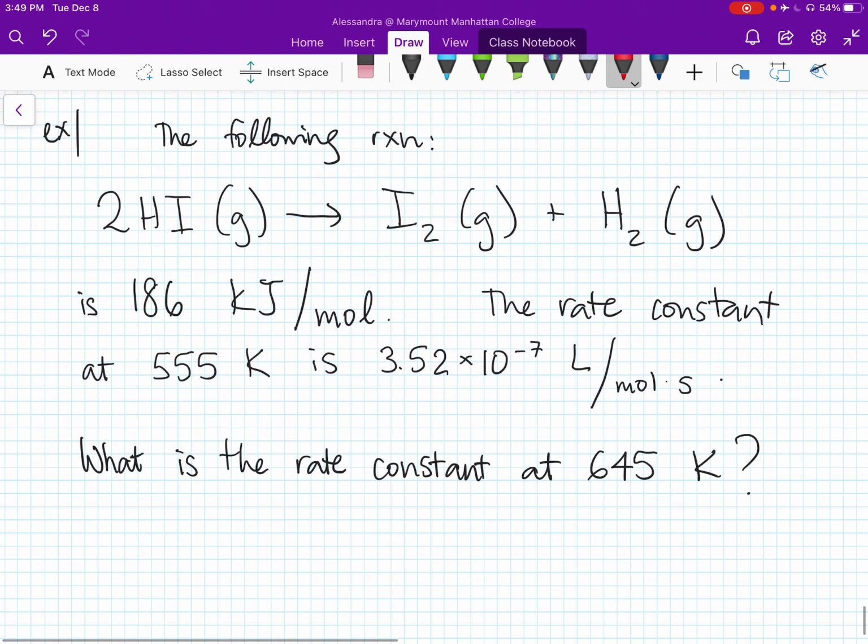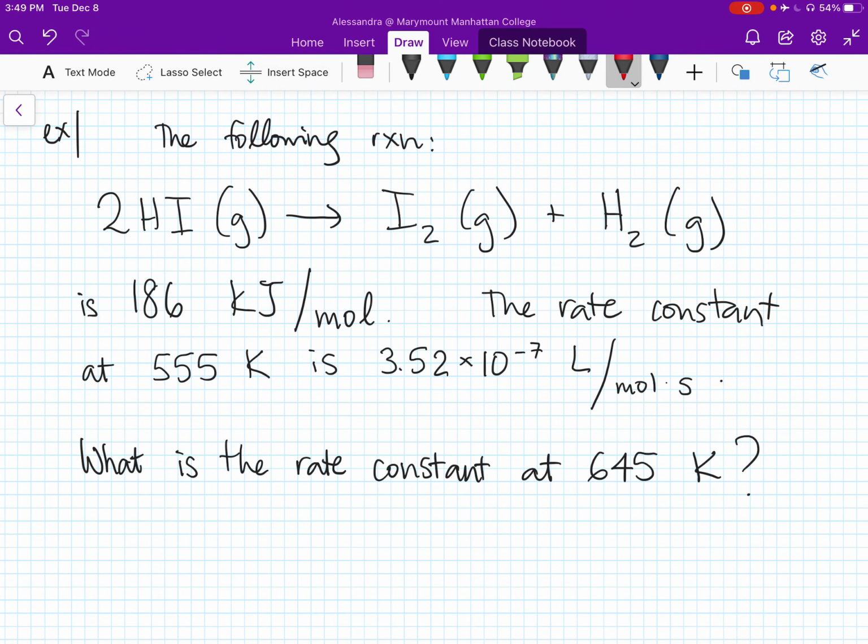The following reaction, 2HI decomposes to iodine and hydrogen gas, has an activation energy of 186 kilojoules per mole.